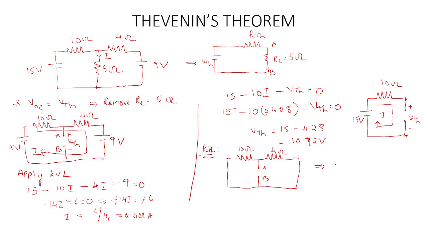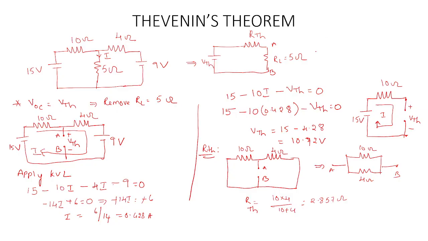So this can be redrawn as 10 ohms, 4 ohms. If you take the terminals outside, you can observe that 10 and 4 are connected in parallel. So equivalent resistance is 10 into 4 by 10 plus 4, which is equal to 2.857 ohms. So finally R Thevenin is obtained.